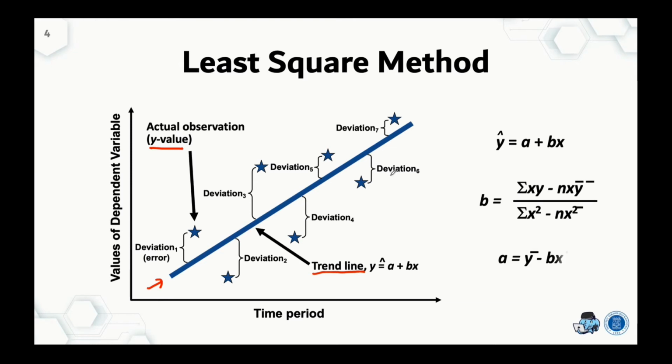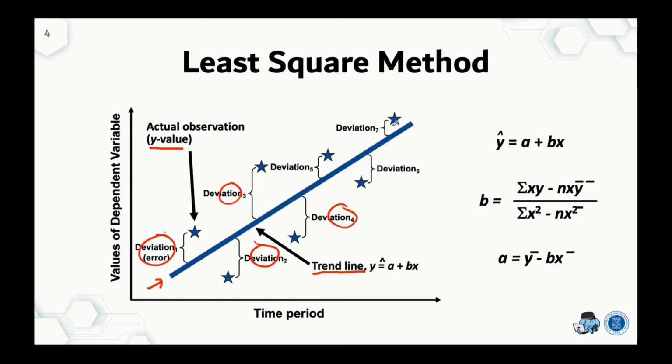So what we should do is make a trend line that minimizes the sum of all of these deviations. So deviation 1 plus 2 plus 3 plus 4 and so on.